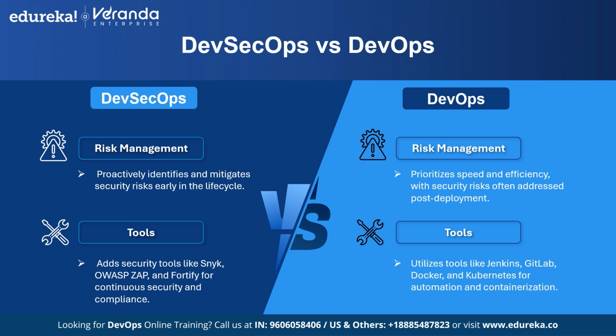DevSecOps uses all DevOps tools but also incorporates additional security tools like Snyk, OWASP ZAP, Fortify, and Aqua Security for continuous security scanning and compliance enforcement. DevOps uses tools like Jenkins, GitLab CI/CD, Docker, and Kubernetes for automation, configuration management, and containerization.